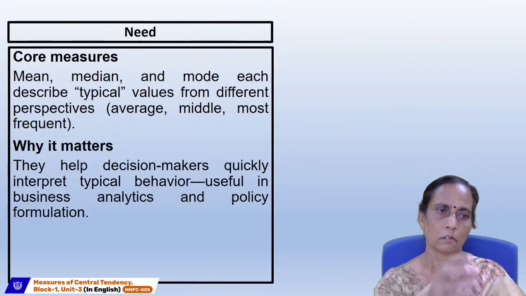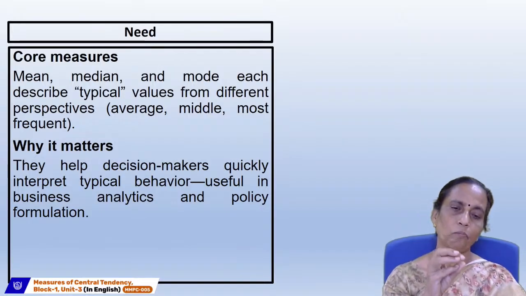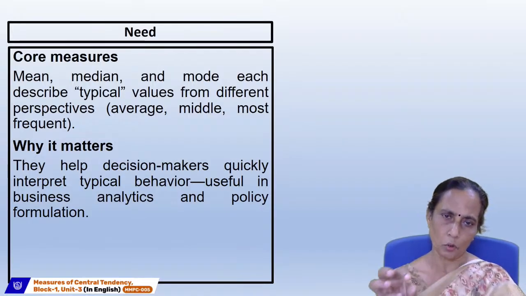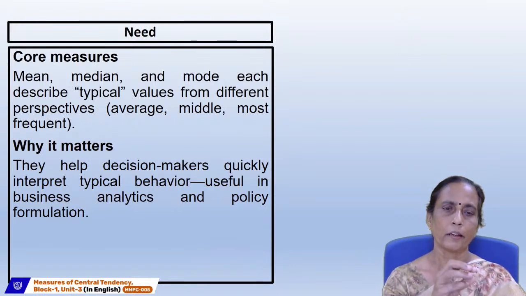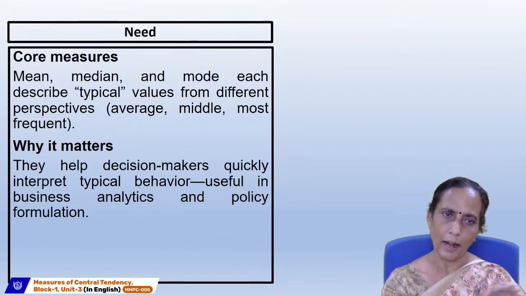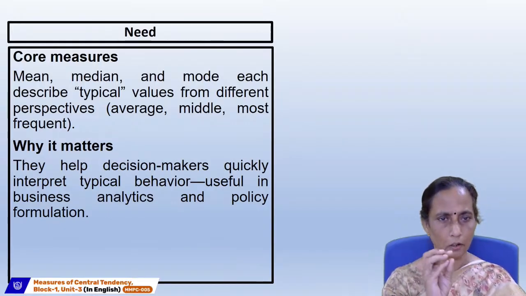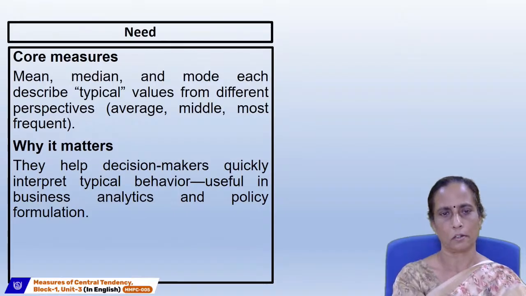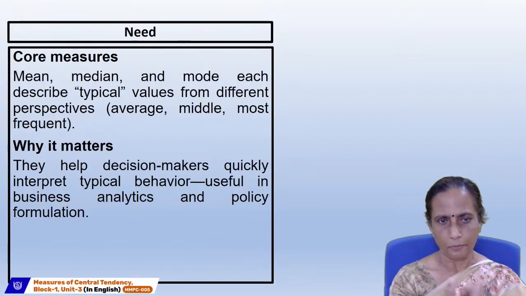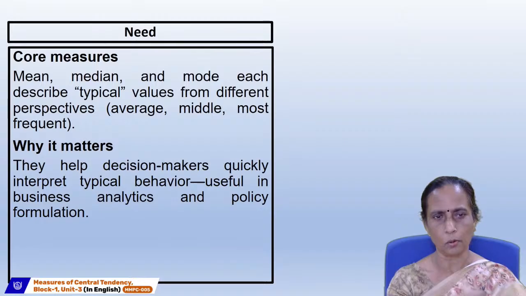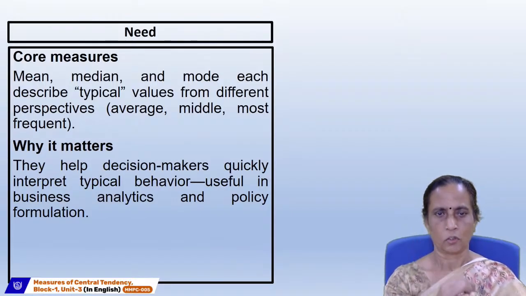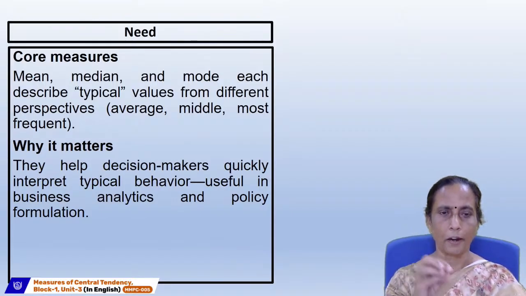Okay, that means if you have a set of scores of students, then the mean is adding all the scores and dividing by the number of students, which is called your average. For the median, if you have 10 students, you have to sort the values and find the middlemost value.